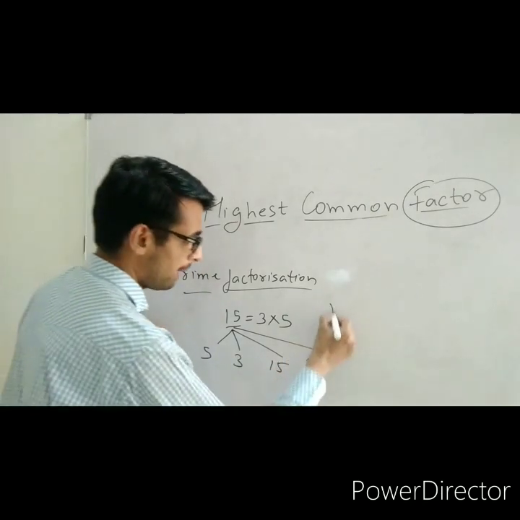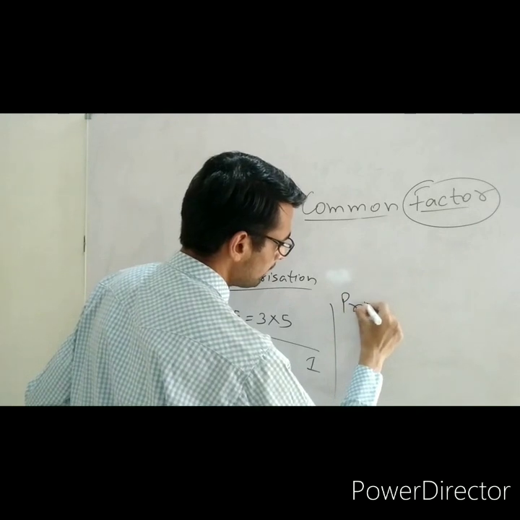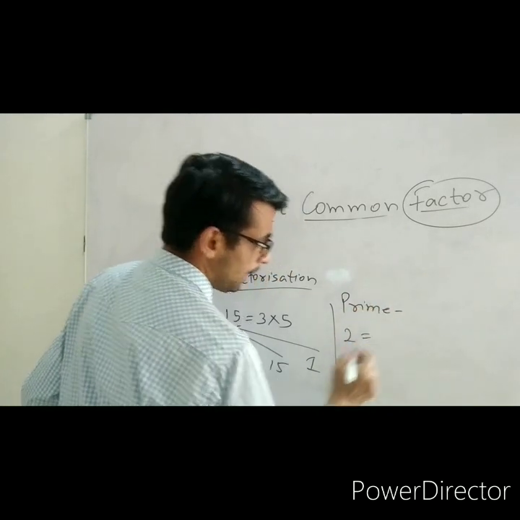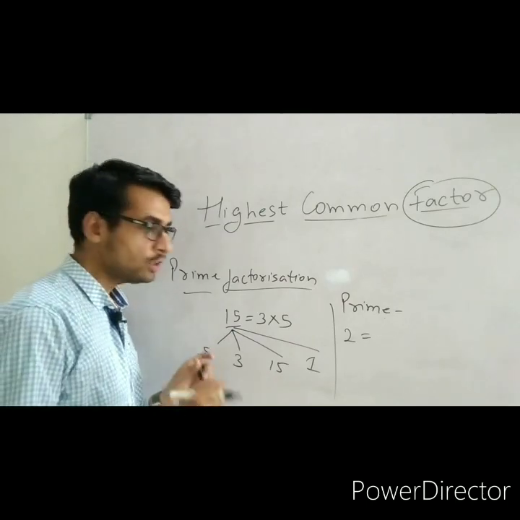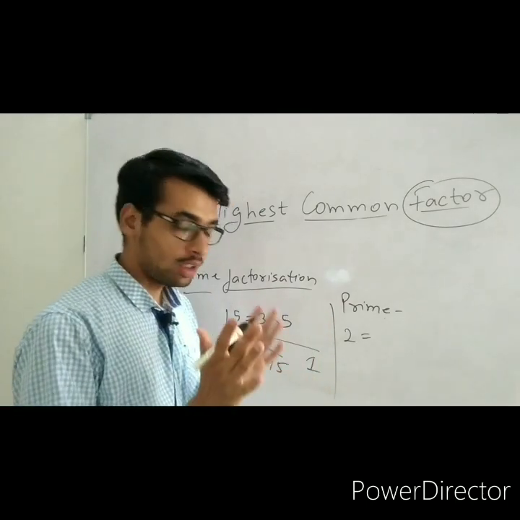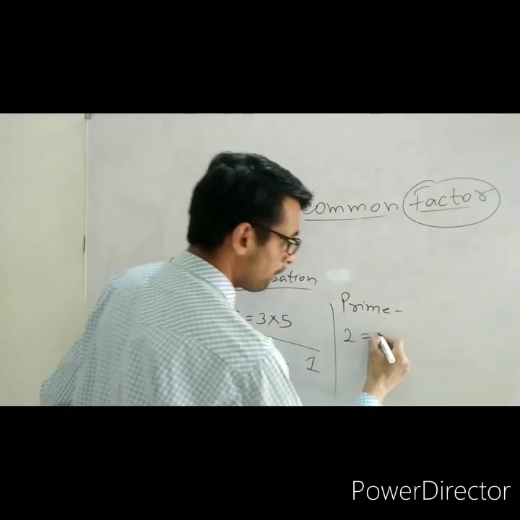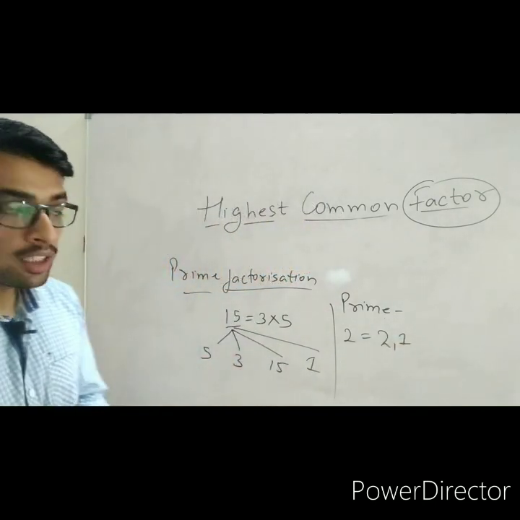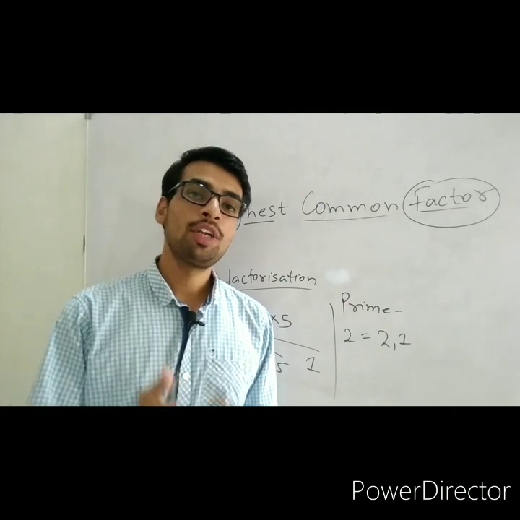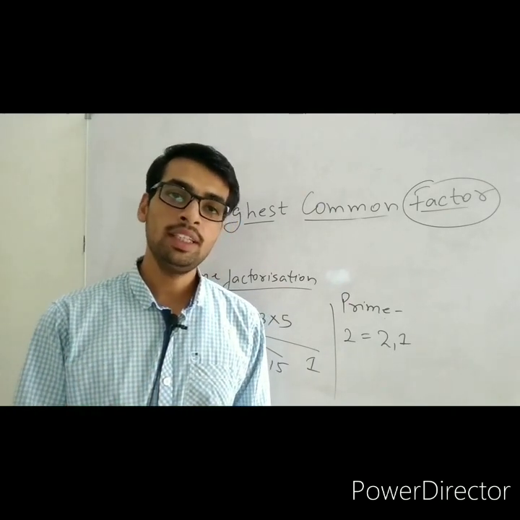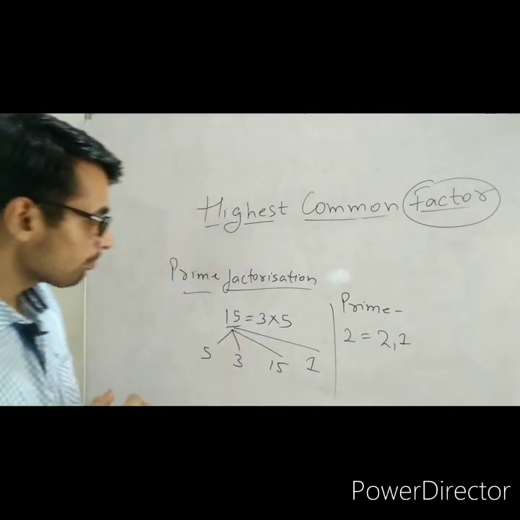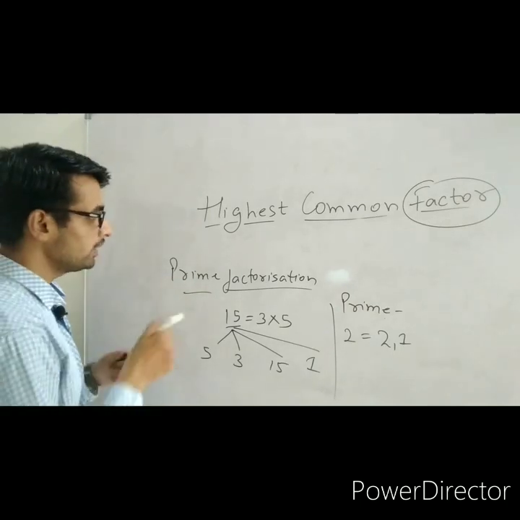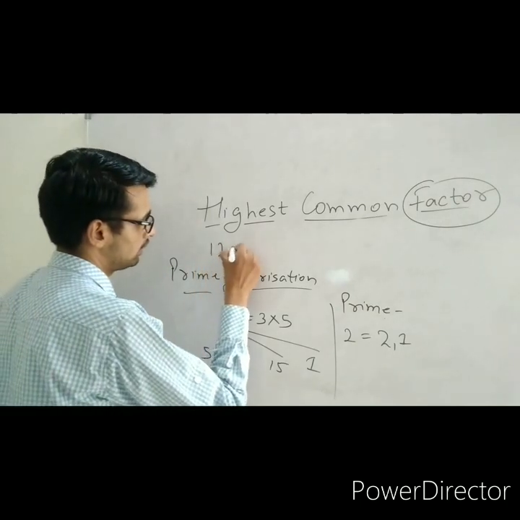Another kind of number is the prime number. A prime number has only two factors, let's say 2. 2 is a prime number because the factors of 2 are the number 2 itself and 1. Other prime numbers are 3, 5, 7, 11, 13 and so on. Now, about prime factorization: let's say 12.